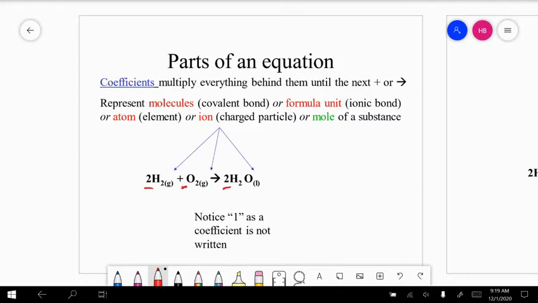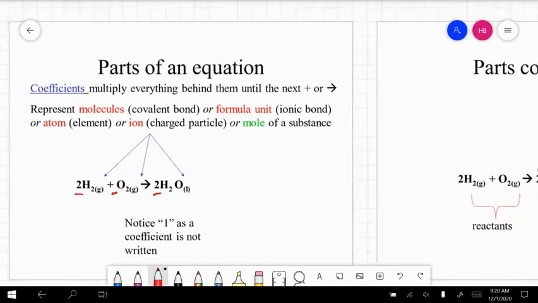Coefficients multiply everything behind them until you bump into a plus or a yield sign. So the coefficients tell us that 2 molecules or 2 moles of hydrogen react with 1 mole of oxygen, or 1 molecule of oxygen, to make 2 moles or 2 molecules of water.